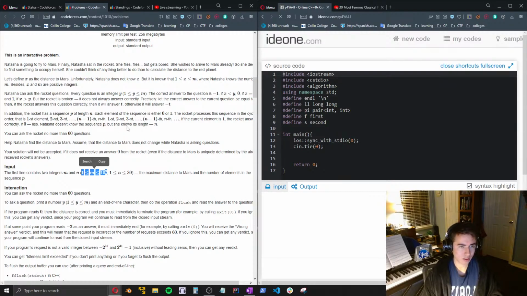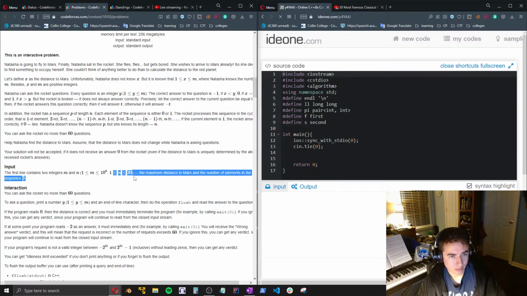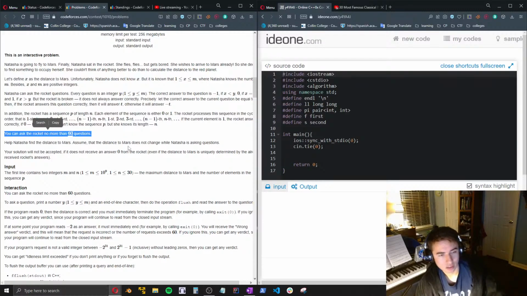However, the query can answer incorrectly, so we need to deal with that. So the binary search will take 30, since that's log of 10 to the 9th, and then dealing with the cycle will probably take another 30. So let's try to figure out how to find when the rocket is lying or not lying.